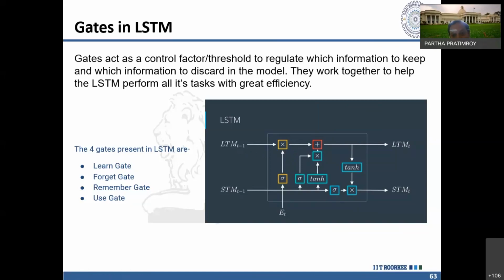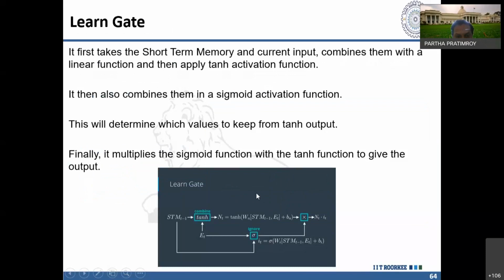From each state you will get 2 pieces of information: LTM T-1 and STM T-1. These are combined. Now you have the present information, combined with these 2 channels, long-term memory and short-term memory. Both are combined with these 4 different gates.